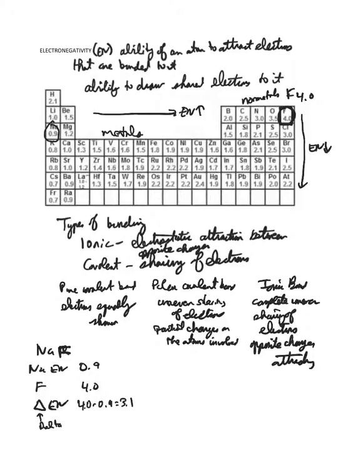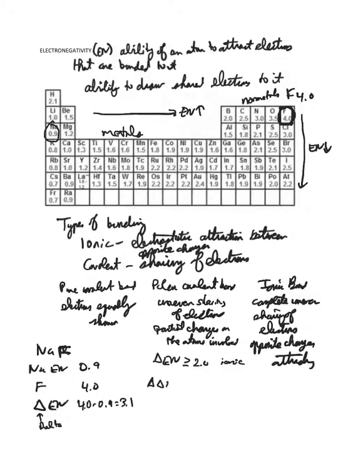And so there's a little rule of thumb about how we quantify these bonds: if the difference in electronegativity is greater than or equal to 2.0, it's a pure ionic bond. There's a complete uneven sharing of electrons.